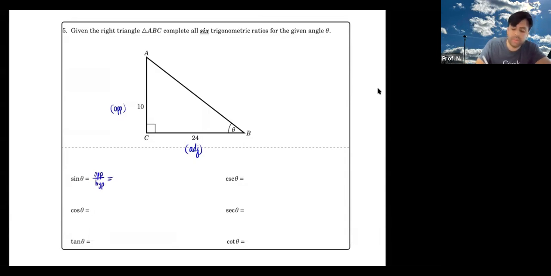The hypotenuse is the unknown value here, but I have a Pythagorean theorem that I can apply to find that missing side. Or, if you guys remember, I talked about those Pythagorean triples. If you notice, this is 5 times 2, and this is 12 times 2. And remember one of the most basic Pythagorean triples?